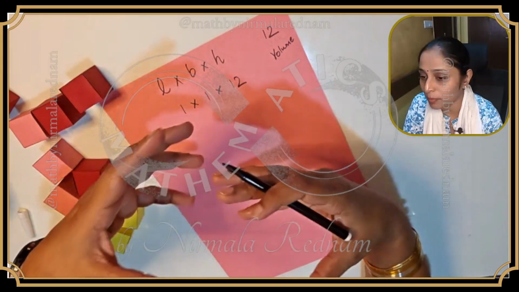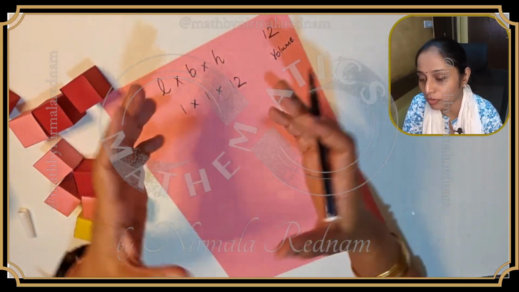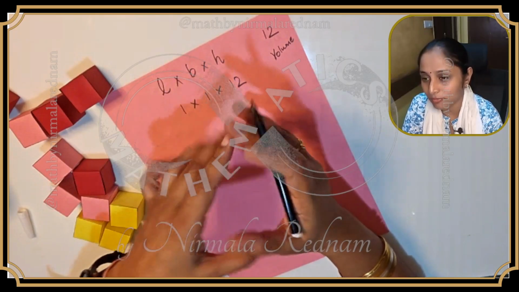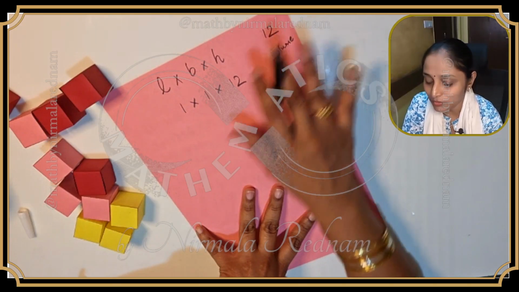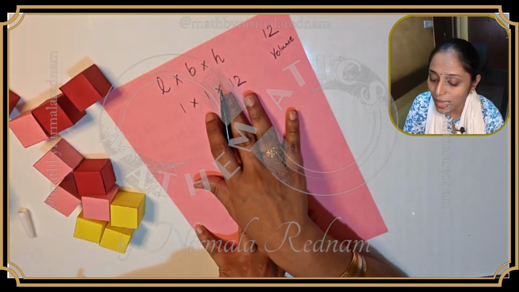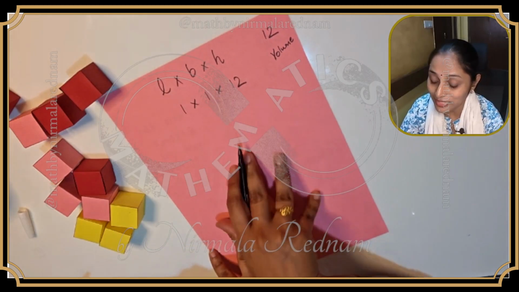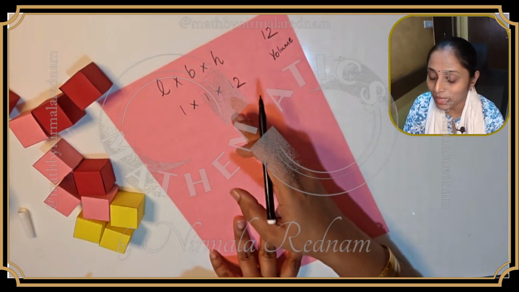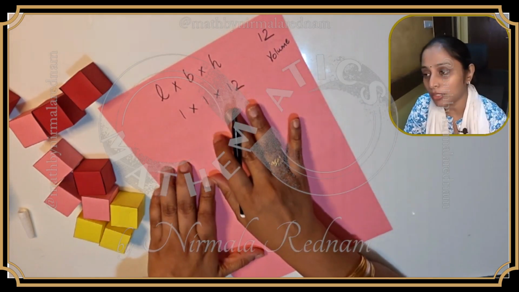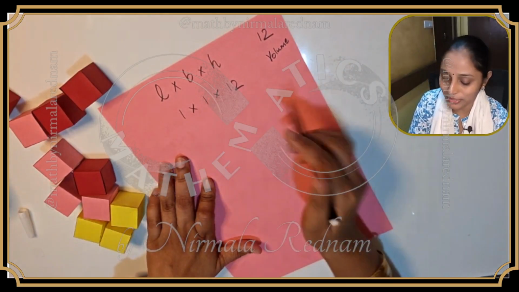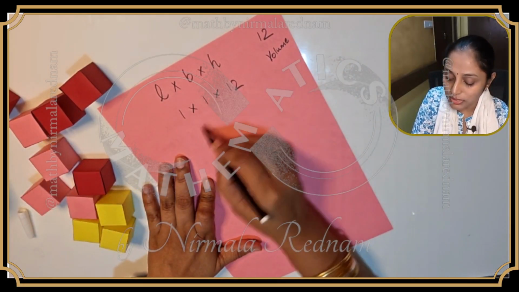A new volume cannot be created, or the volume cannot be destroyed, like it happened in the case of surface area. So the volume is going to remain constant, which is length into breadth into height. So as long as I make an exhaustive list of how I can write 12 as a product of 3 factors, that is going to give me all the possibilities of the cuboids that I can make. Okay, so this is one possibility.